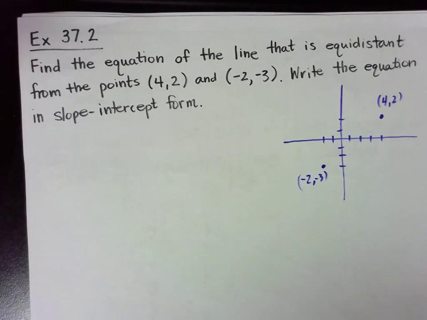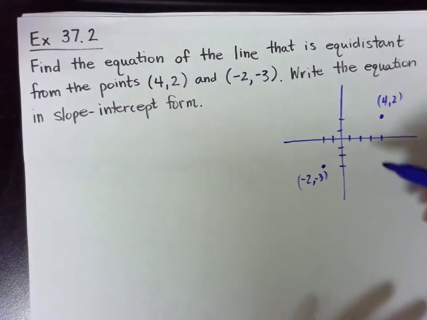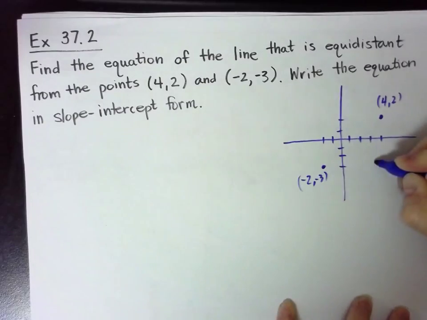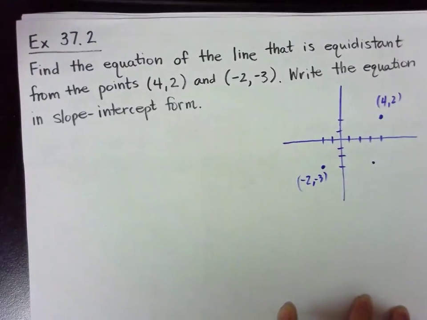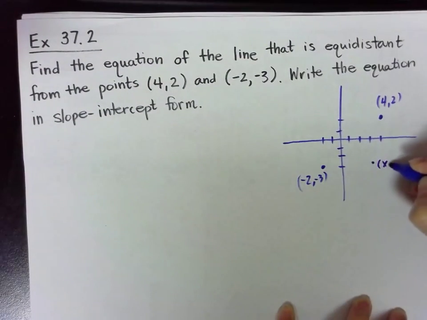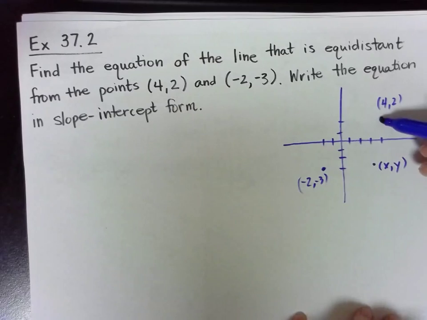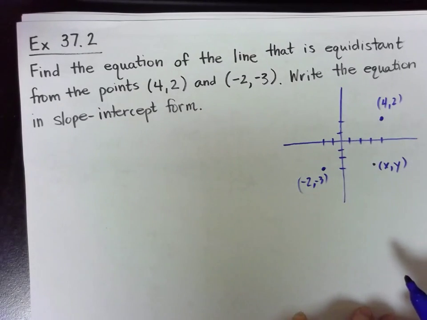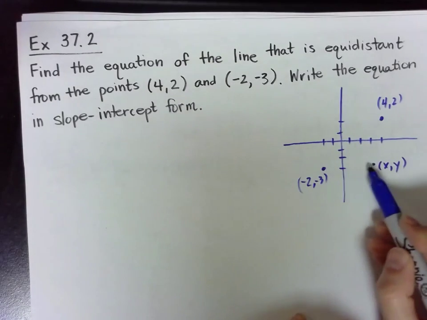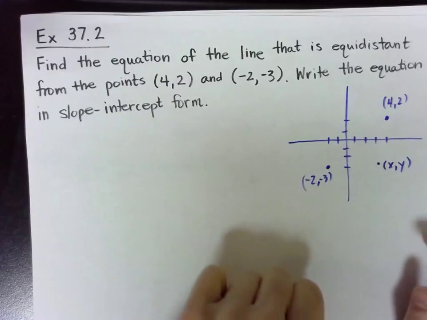Okay, so there are lots of these points, but we're just going to pick one of them. Let's say this one, and we'll call this (x, y). It has some coordinate. We don't know what the coordinates are at this point, but we know that it's the same distance from (4, 2) and from (-2, -3).